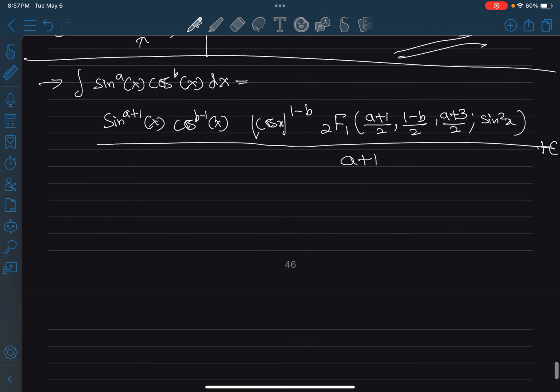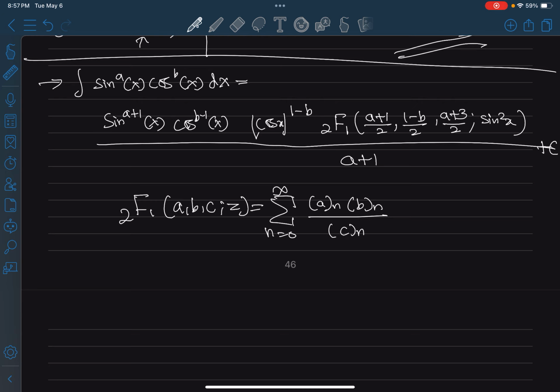And to define the simple hypergeometric function, it's defined as 2F1 a, b, c semicolon z. This is defined as the sum from n equals 0 to infinity of (a)_n (b)_n by (c)_n, and then z to the power n by n factorial.